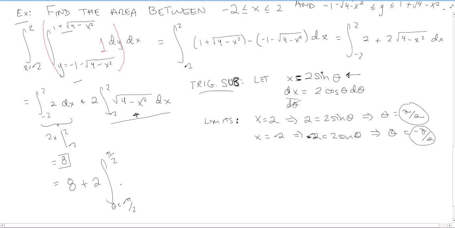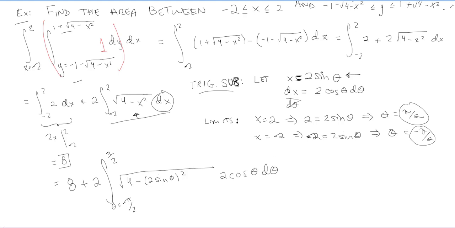And we have the square root of 4 minus what we're substituting for x, which is (2 sine theta) squared. And then we had a dx in the back here, so we have to substitute that as well, and that's 2 cosine theta d theta.